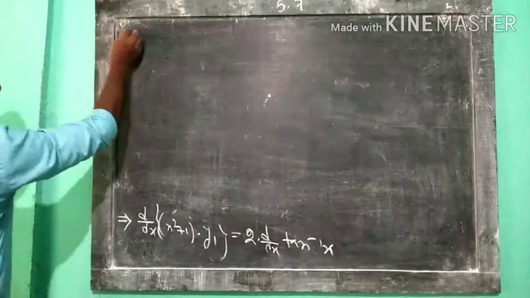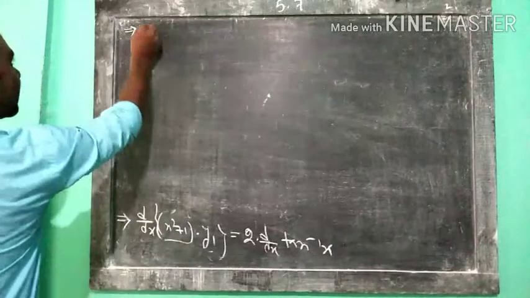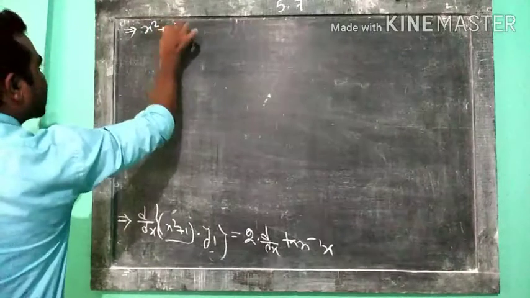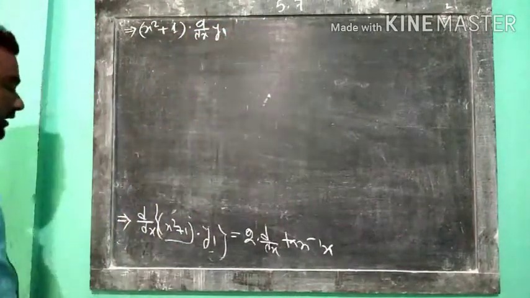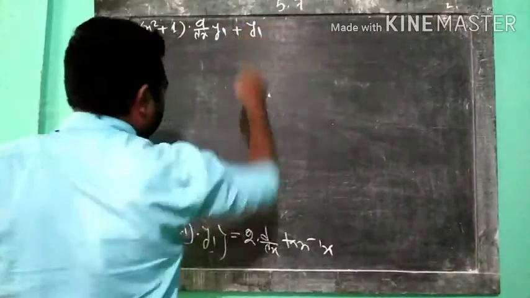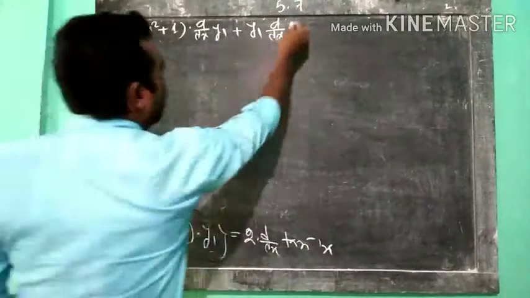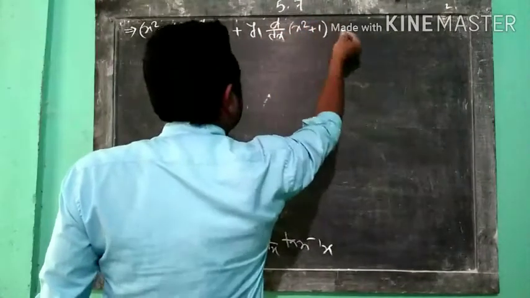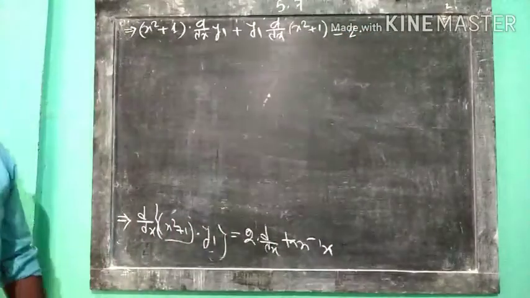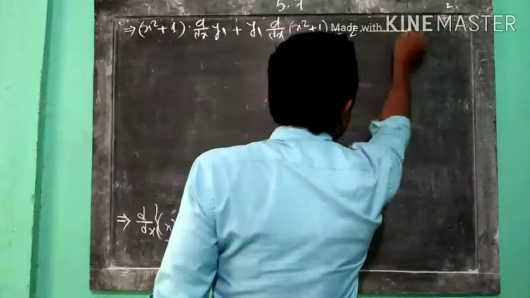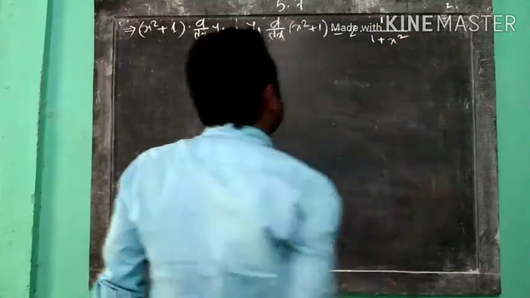We use the u into v formula, where u is x square plus 1 and v is y1. So first u, x square plus 1, into d/dx of y1, plus y1 is constant here and d/dx of x square plus 1, is equal to 2 into d/dx of tan inverse of x. Already we know the formula, d/dx of tan inverse of x is 1 by 1 plus x square.